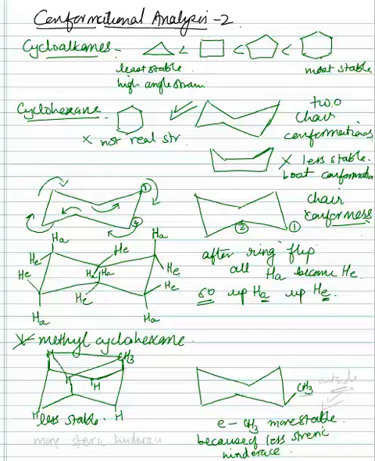This is a shared space, and because of that, this causes more steric hindrance. Therefore this is less stable. The equatorial, on the other hand, is outside, and so there is nothing out here, and therefore this is more stable, with less steric hindrance.